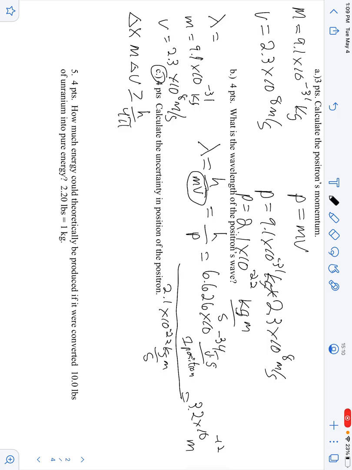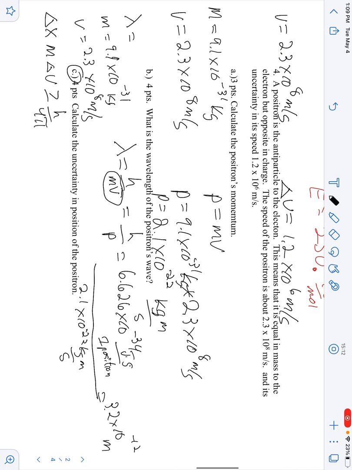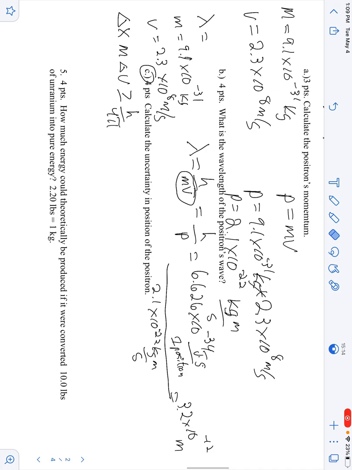Number 4C asks you to calculate the uncertainty in position. There are two equations that deal with the uncertainty in position. There's this equation, where you plug in the delta V, but there's also this equation.